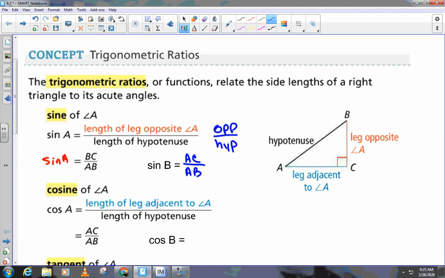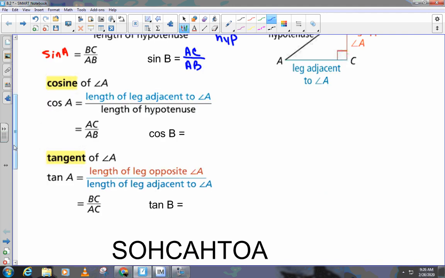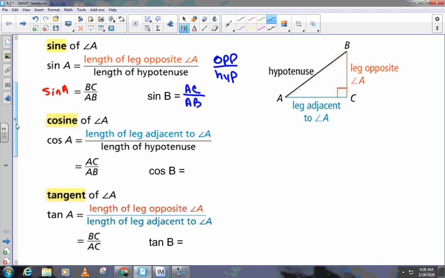Okay, the second ratio is cosine. They abbreviate that with just the COS, but it's still cosine. So if I wanted to find the cosine of an angle, it is the adjacent leg. And adjacent means that it's right next to it, so it touches that angle. The adjacent leg over the hypotenuse. So that is AC over AB.